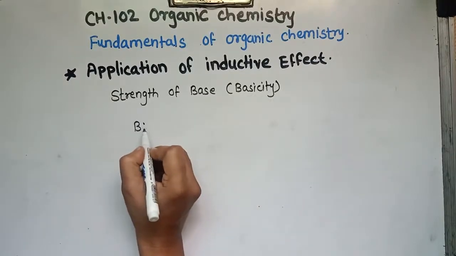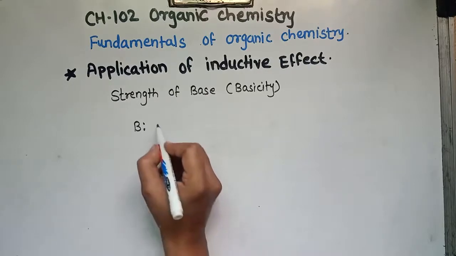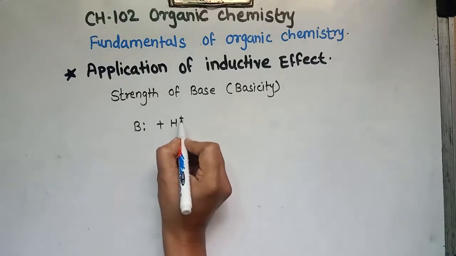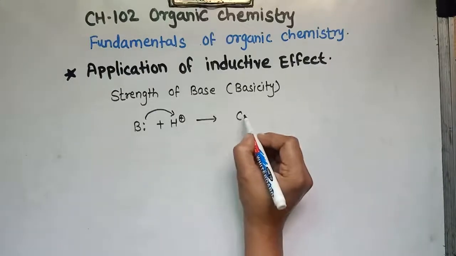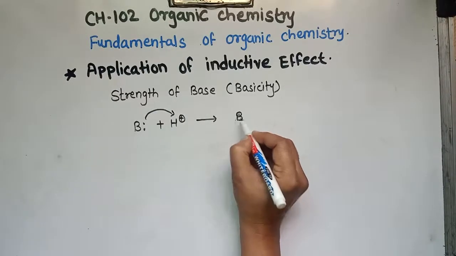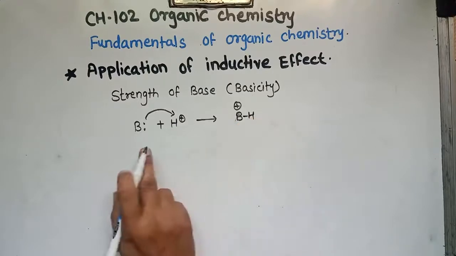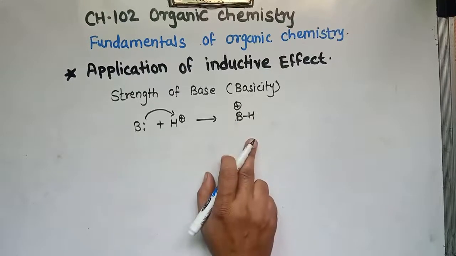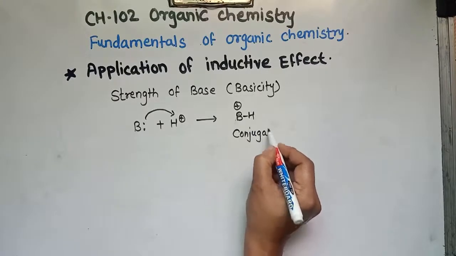A compound or a substance which donates a pair of electrons and forms a conjugate acid. What does it form? It forms a conjugate acid. In the previous case, we took an acid and it formed a conjugate base. So here there is a formation of a conjugate acid.